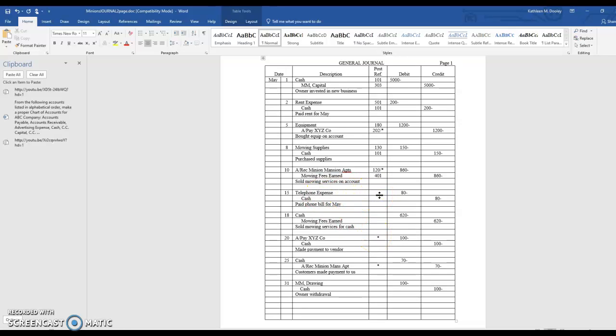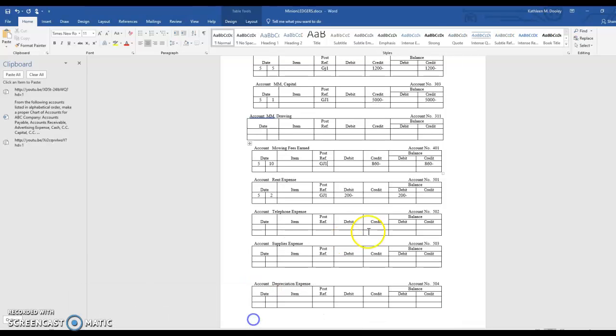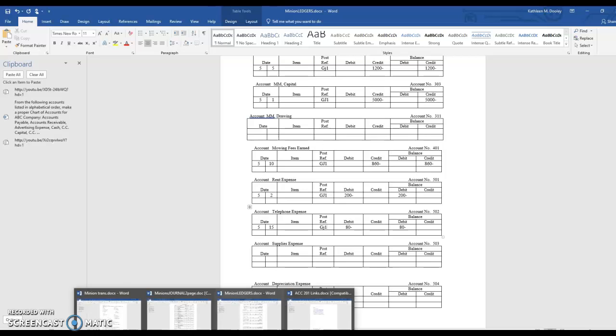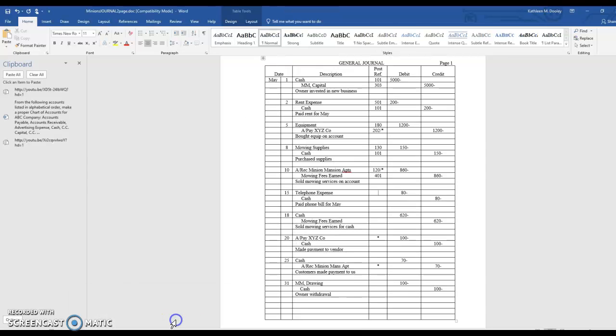Okay, telephone expense needs to be debited $80 on the 15th. Here's telephone expense. Debit 80, that gives it a running total balance of 80 debit. GJ1, and that's account 502.